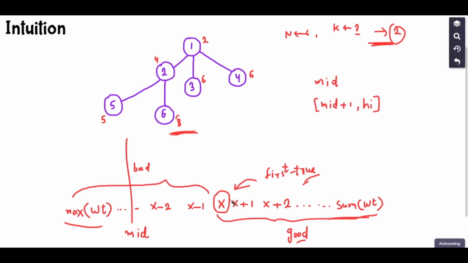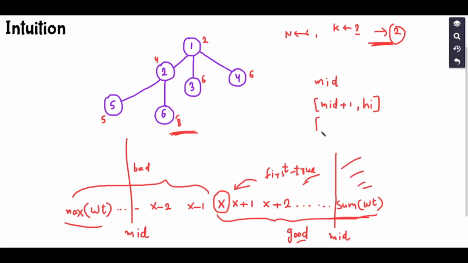Otherwise, if the mid lies on this side, let's say mid is here, that means I'm on the right side, but I will never find the minimum x on this side, on the right side.